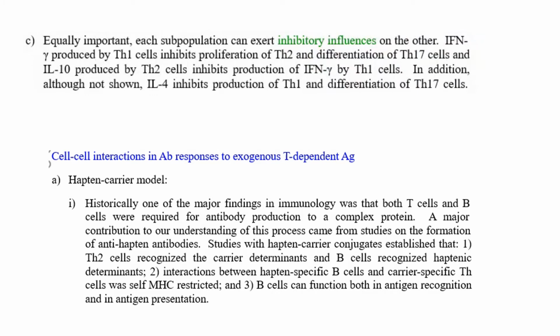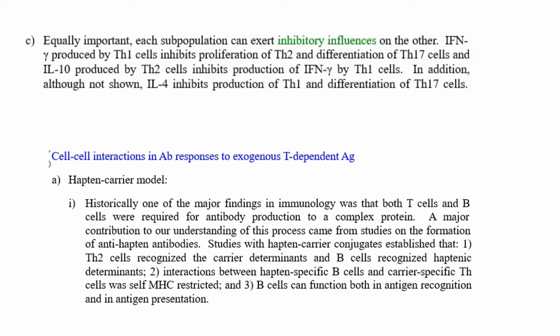Gamma interferon produced by T helper 1 cells inhibits the proliferation of T helper 2 cells and differentiation of T helper 17 cells. And the interleukin 10 produced by T helper 2 cells inhibits the production of gamma interferon by the T helper 1 cells.